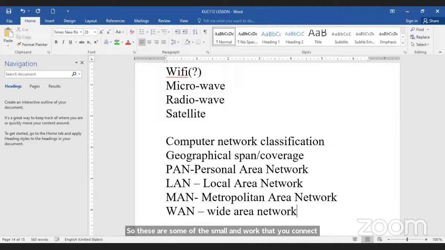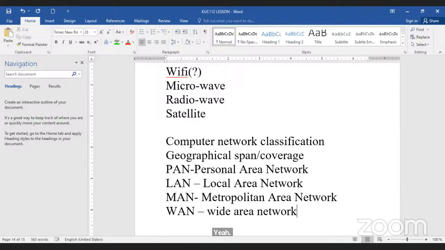Then we have local area network. These are networks that can cover a room. Like when you go to a computer lab or a cyber, we have that small network that connects computers together so that they can share resources. Maybe a network within Kibabi University, isn't it? So this network covers a building or an organization, and it can be accessed through that organization.